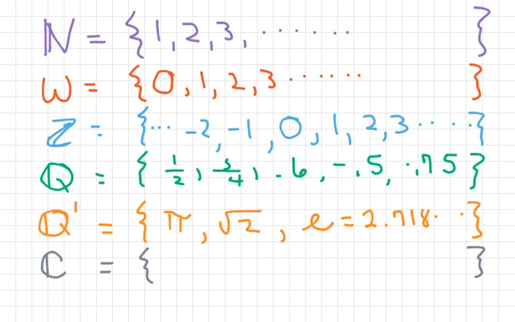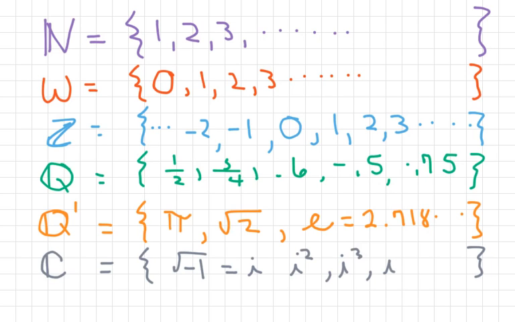Okay, and then your complex numbers are the ones where you would come up when you're trying to solve equations and you got the square root of -1, and we decided to call that i. And then we squared i and got -1 and so forth.